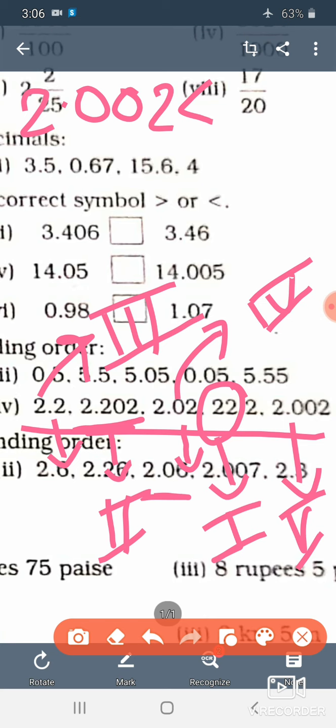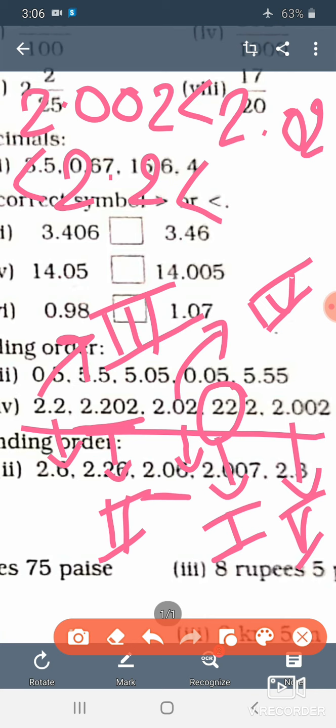Sorry, this one, 2.202, and greater than this is not this. Sorry, for the fourth we need to write now 2.02, which is the second least number, and now the third least number is this one, 2.2.